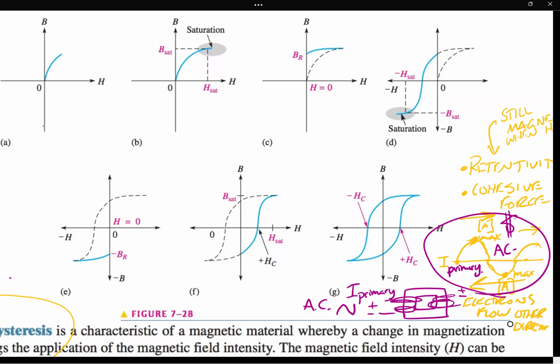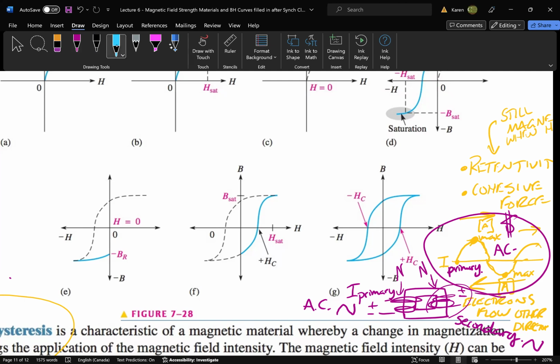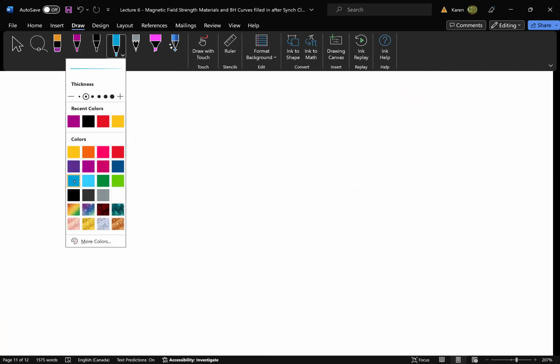And then my output over here, this is called the secondary, and it's going to have a sinusoid as well. Depending on the number of turns, the number of wraps of this coil, N, and the number of turns I want to put in here, that will determine how much current I get out the other side.